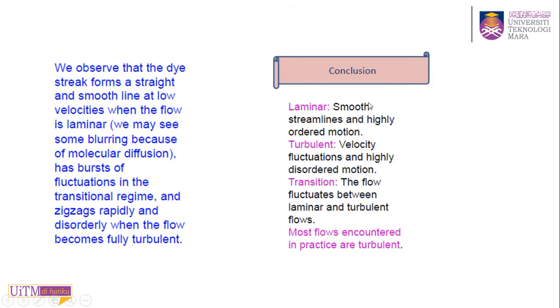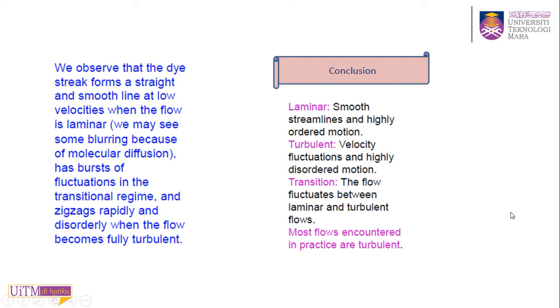So the conclusion here: laminar has smooth streamlines and highly ordered motion, turbulent has velocity fluctuations and highly disordered motion. The transition is the region between laminar and turbulent. But most flow inside a pipe distribution network, in practice, we are mostly dealing with turbulent flow, because the fluid flows at very high velocity.